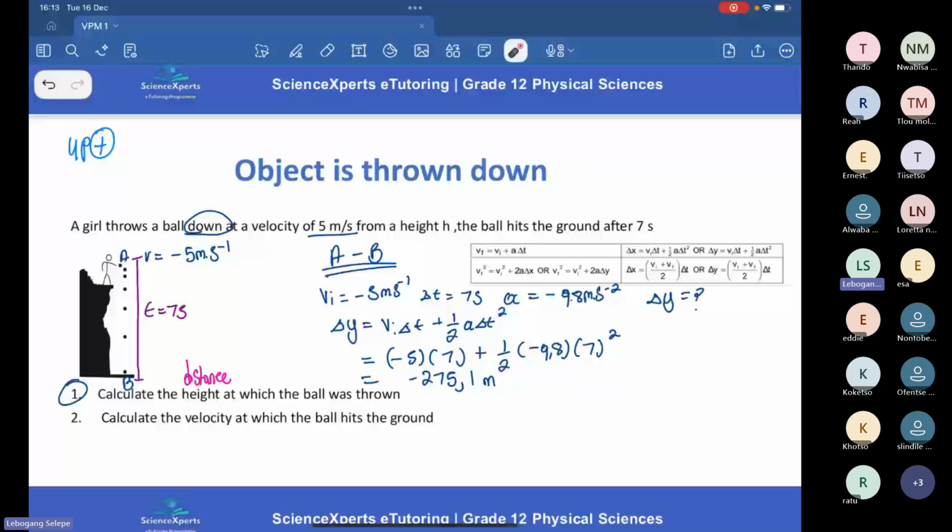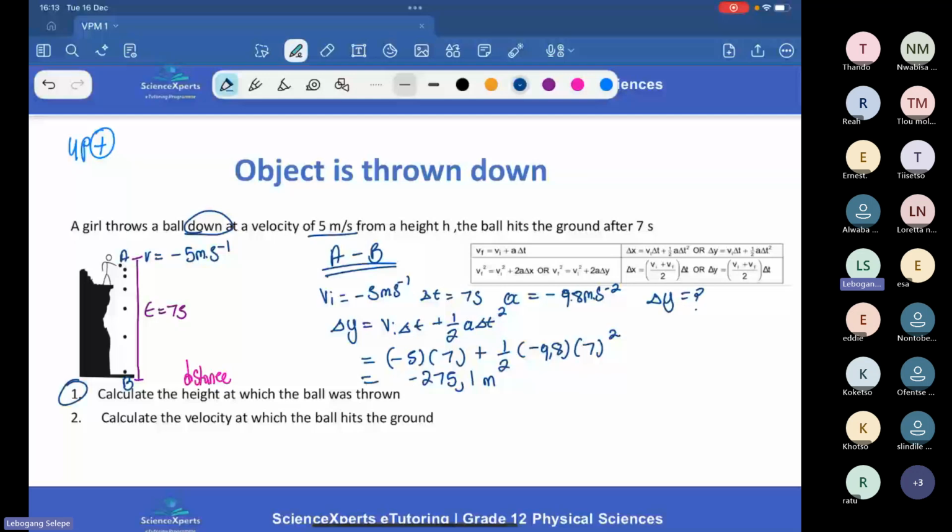Then we have to conclude and say, therefore, the height at which the ball was thrown is actually 275,1 meters. Do you guys see what I mean? Yes, sir. All right. So we know that the change in y, or let me write h, height, is 275,1 meters. All right. So now can we move on to question 2?